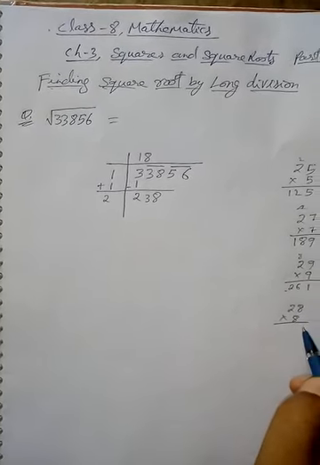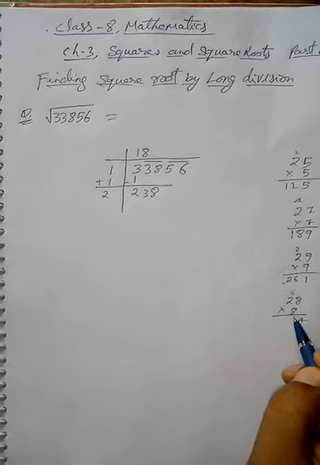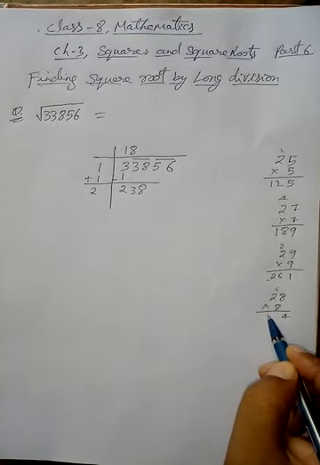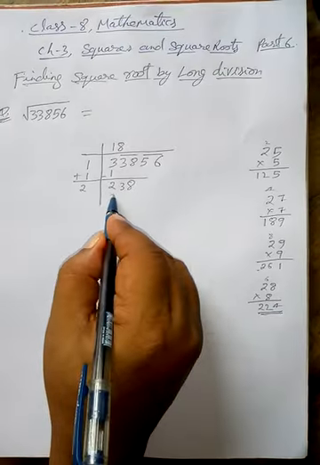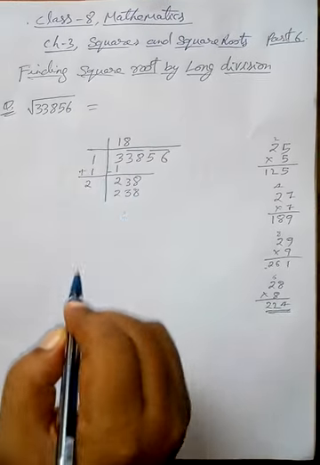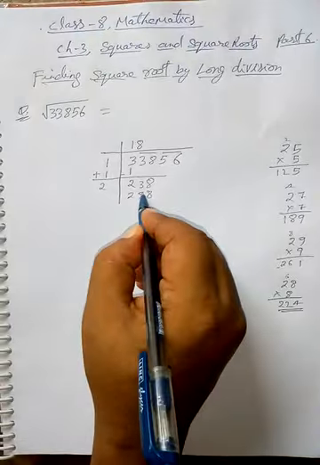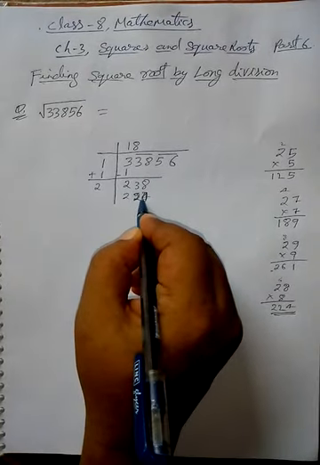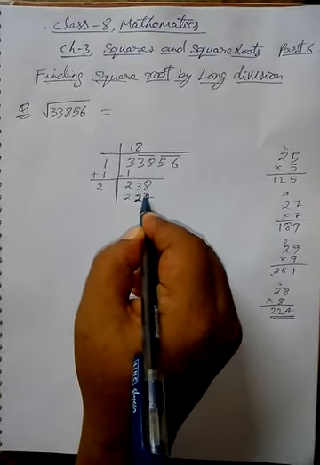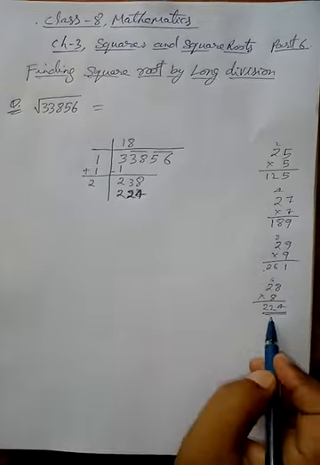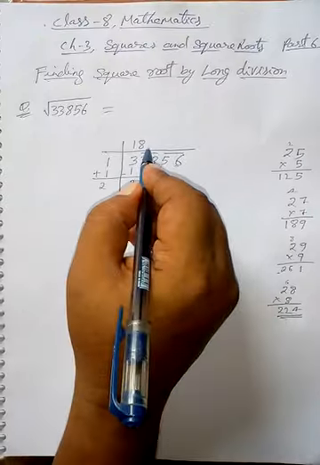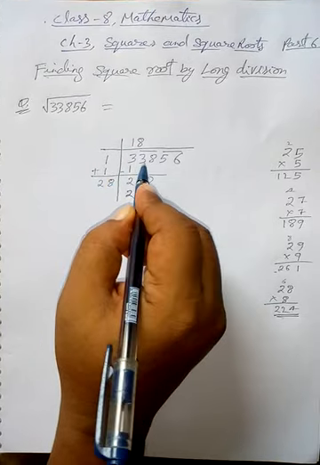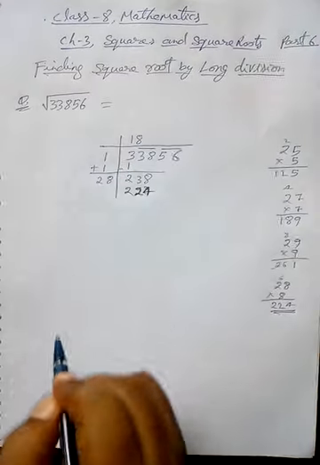So 8 eights are 64, 6 carry, 8 twos are 16 and 6 is 22. So this number is actually near to 238. So we should write 224 here, and the divisor becomes 28, and the quotient is 8 here.